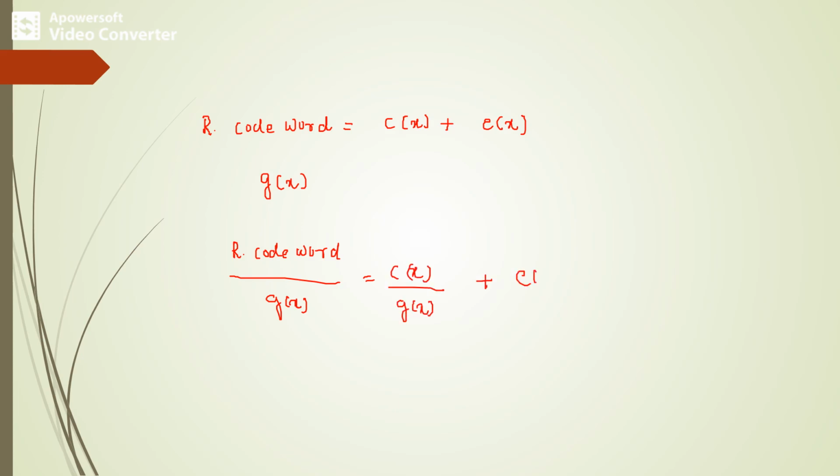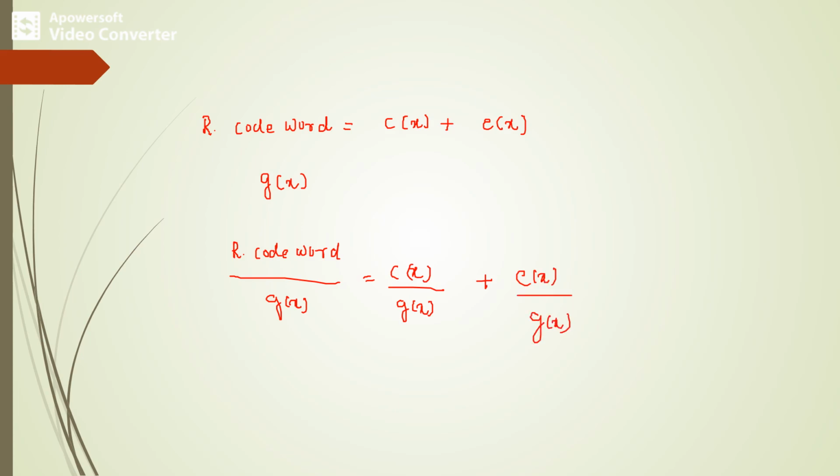The received code word is the sum of the sent code word c of x plus error e of x. If we divide the received code word by the generator g of x, we can write it as c of x divided by g of x plus e of x divided by g of x.